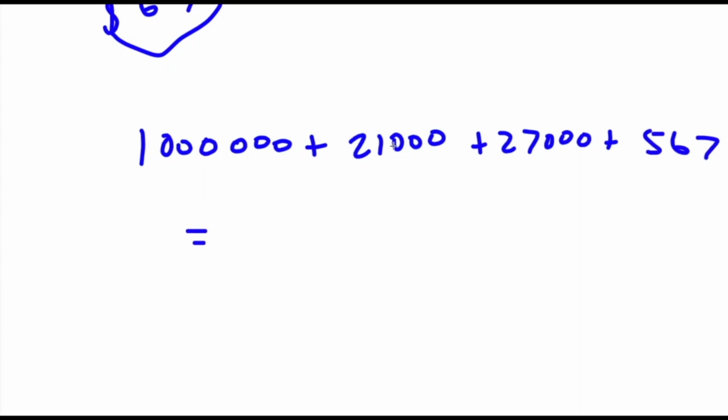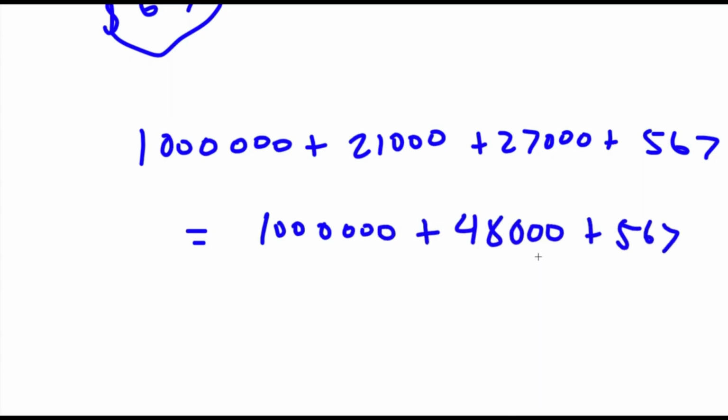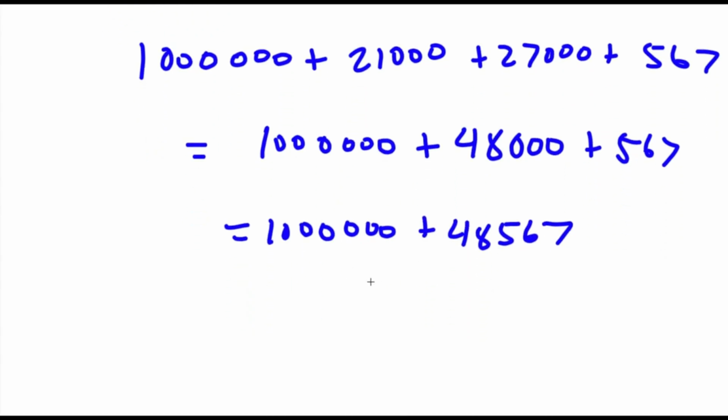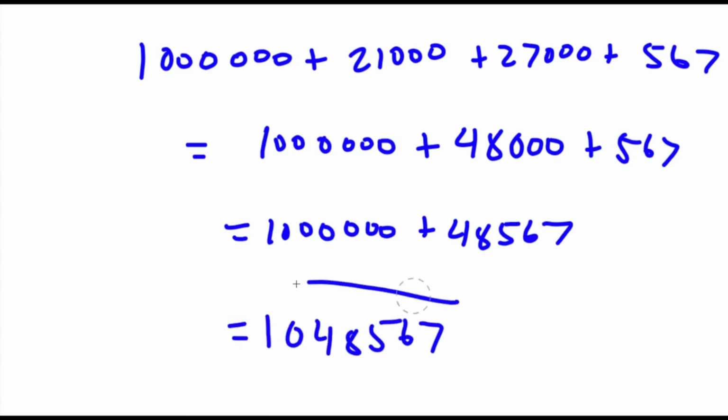Now, 21,000 plus 27,000, that is going to be 48,000 plus 567. 48,000 plus 567 is going to be 48,567. And finally, 1,000,000 plus 48,567 is going to be 1,048,567. So this is our answer.